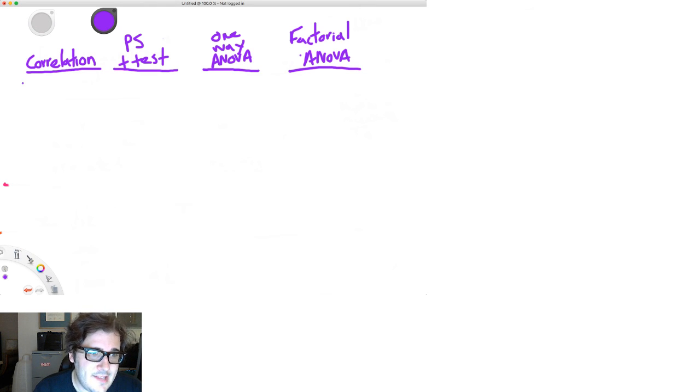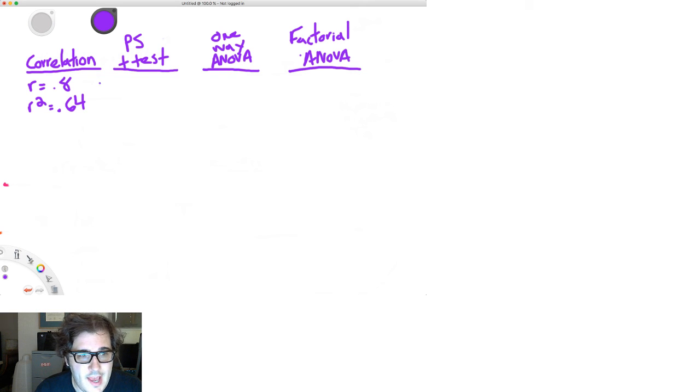So let's say you have a correlation. So R equals 0.8. R squared, which remember is your effect size for this, says how much of the variance in y is explained by x. That's just squaring r, so r squared is 0.64.